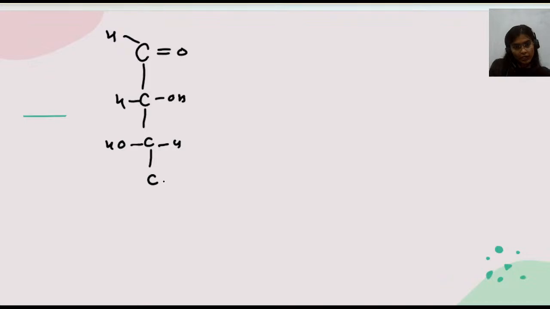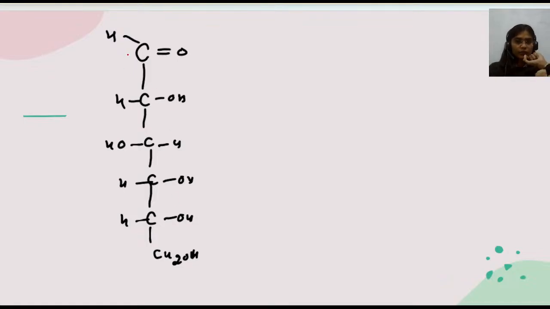Again, first of all, draw the straight line. So this is the CHO group, hydrogen, carbon, OH on this side, hydrogen, carbon, OH on this side, hydrogen, carbon, OH on this side, and hydrogen. 1, 2, 3, 4, one more carbon with OH and hydrogen, and this is CH2OH.